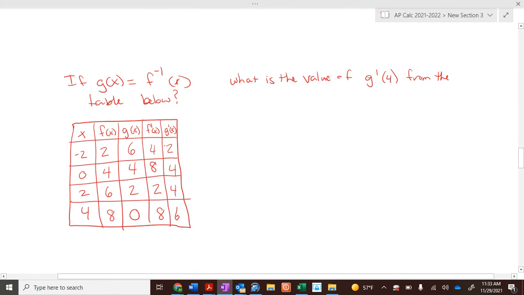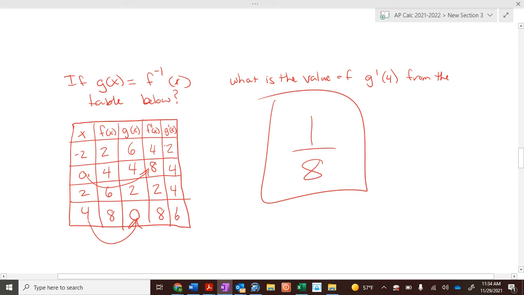So if we're finding g prime of 4, go to 4 for g, and that leads us to 0. 0 for f prime leads us to 8. So it's 1/8. So we won't ever have to go to g. That's the inverses for you. Okay, that's a simple way of doing inverses.